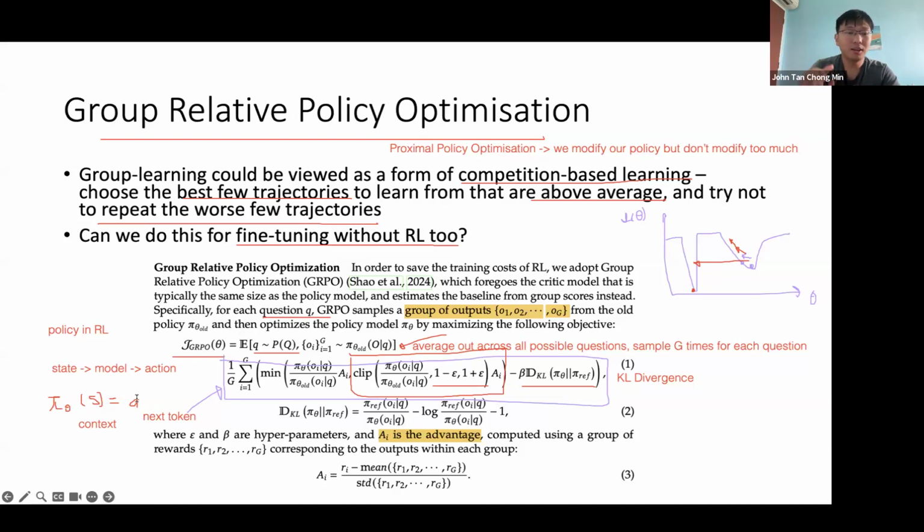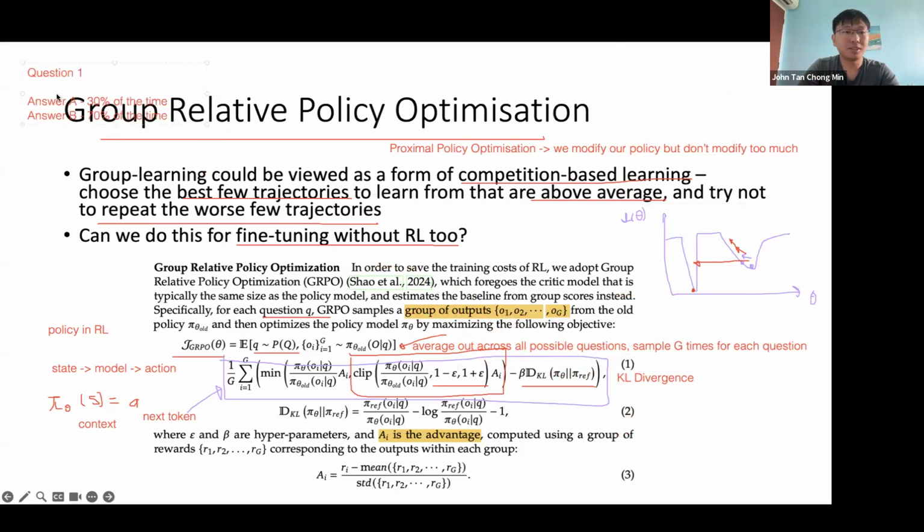So let's say initially for this question one, maybe I'll give answer A 30% of the time. I'll give answer B 70% of the time. This is my initial.